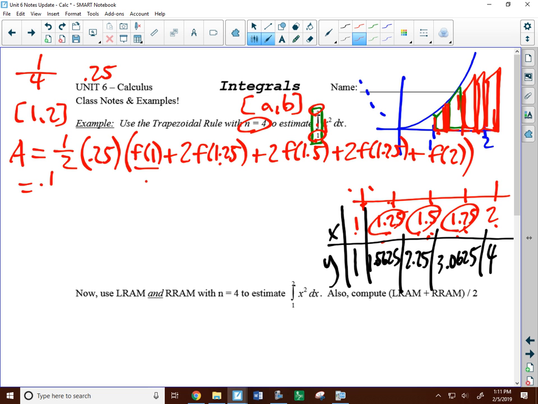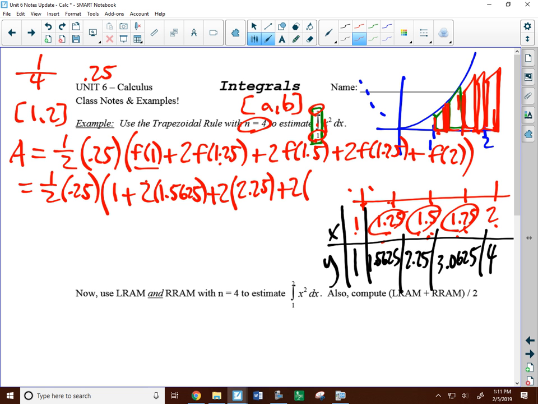So I'm going to just plug in the numbers, and then we'll put it in our calculator and be done. So f of 1 was 1. 2 times f of 1.25 is the 1.5625. 2 times f of 1.5 is 2.25. 2 times f of 1.75 is the 3.0625. And f of 2 is 4.